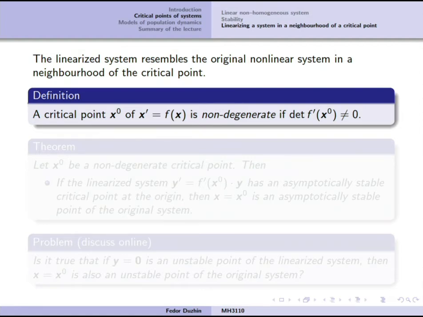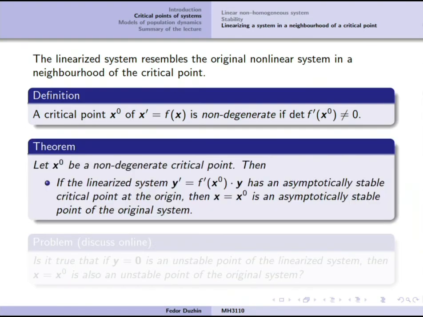Okay, so furthermore, the critical point is called non-degenerate if it is a critical point, meaning that the right-hand side of the differential equation is 0, so f of x is 0, but the determinant of the Jacobian matrix is not 0. All right, and here is the theorem that I don't want to prove.